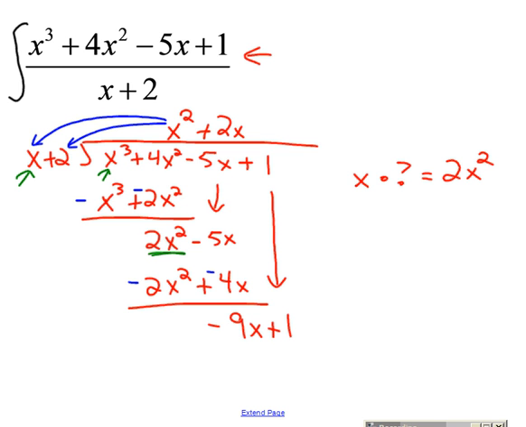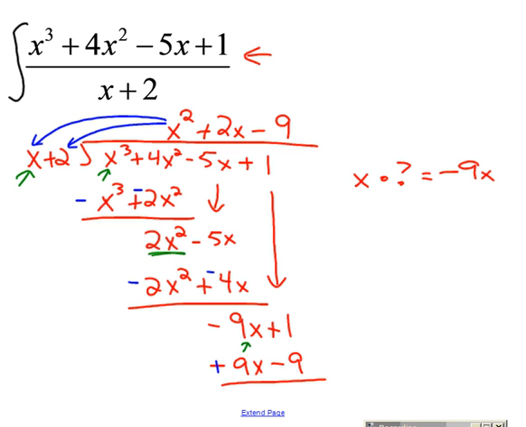And now I'm back to x times what, in this case, gives me negative 9x. And the answer would be negative 9. So I write that up top, and I multiply negative 9x minus 9. Right, and now I'm subtracting.